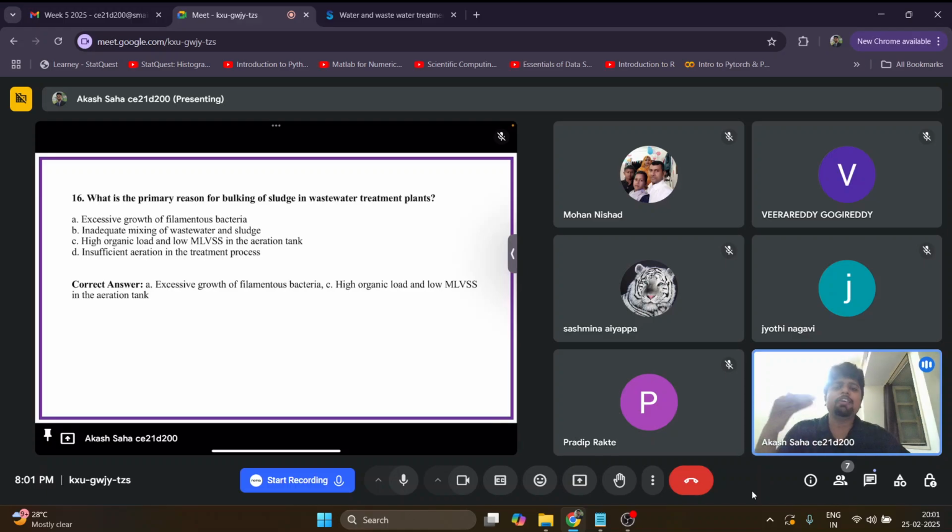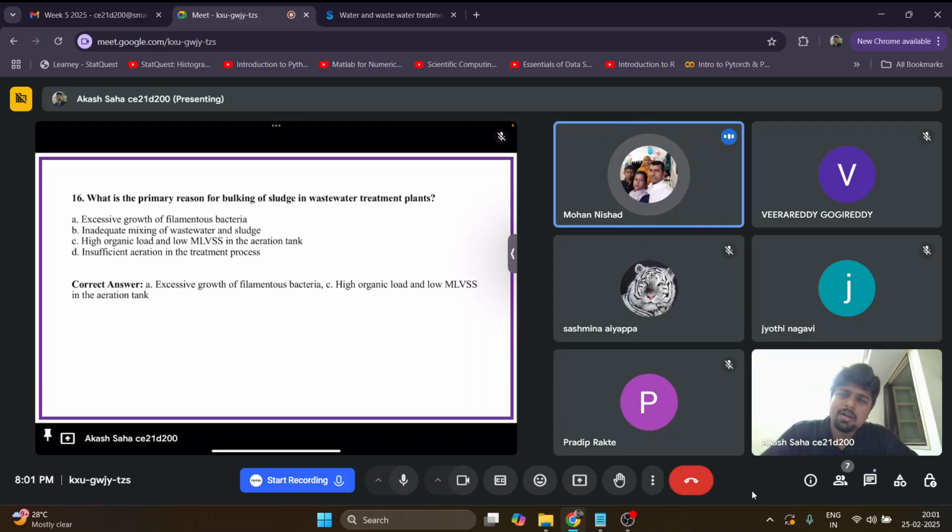So if there is high food and low microbes, that means my F by M ratio is again increasing, and if the F by M ratio is increasing, the bulking of sludge will happen. So both option A and C are correct. Option D may not be correct.